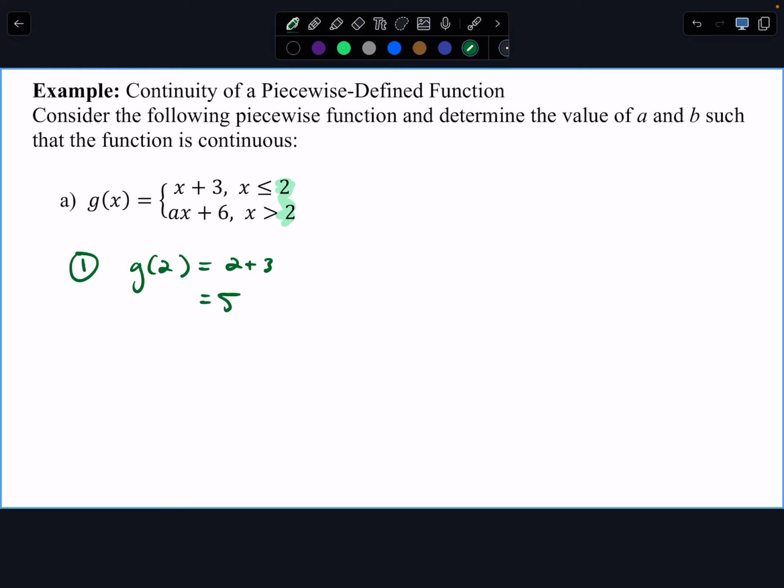Don't we want the limit to match the function value for the function to be continuous? We would want the limit as x approaches 2 of g of x to be equal to 5.